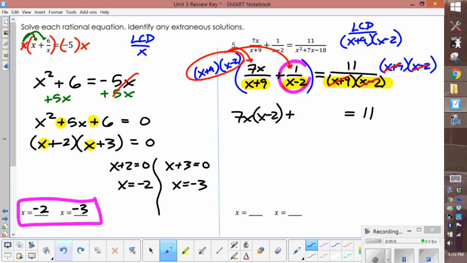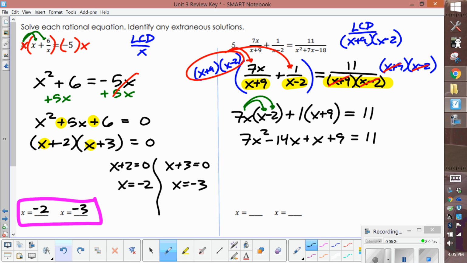And then if I look at the second terms here, hopefully you notice the x minus 2s would go away, and I'd be left with 1 times x plus 9. Now, you don't really need the 1 there, but I'll put it there for notes purposes. Okay, I'm going to go ahead and distribute right here and here. I get 7x squared minus 14x. I can distribute that 1, or it can just disappear. Plus x plus 9 equals 11.